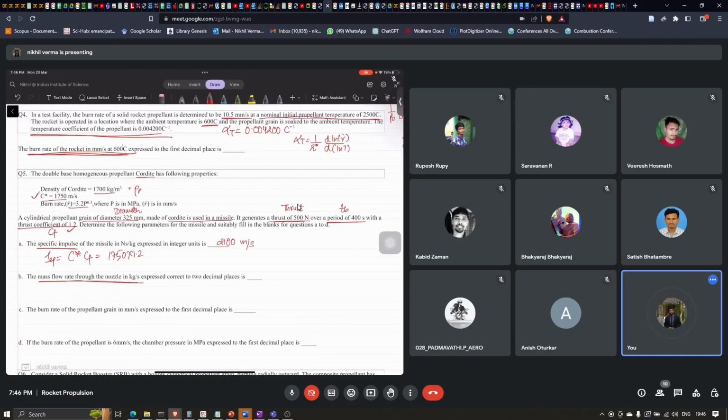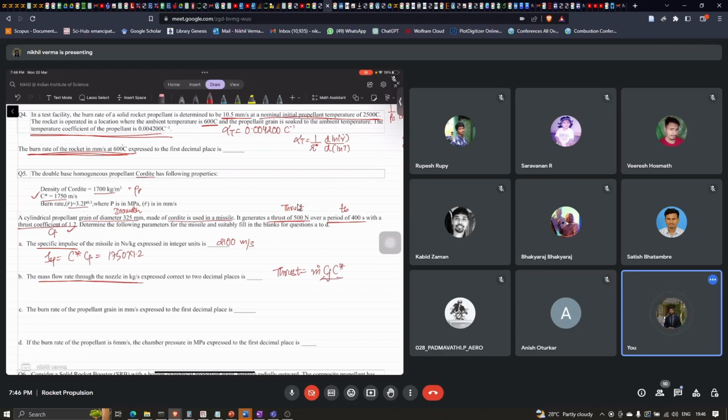Next is the mass flow rate through the nozzle. How will you calculate? Okay, think. You're correct. The thrust is given as m dot into CF into C star, right?